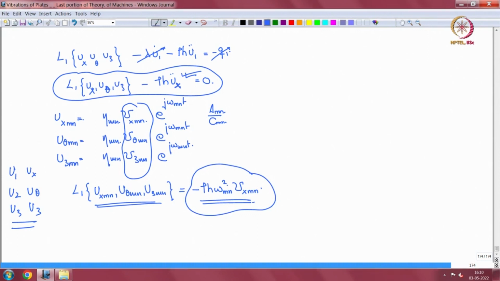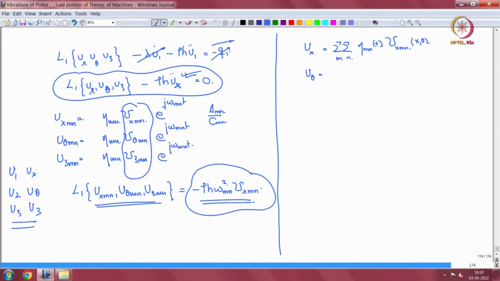Okay. So now what will happen is that as a result of this, in this original equation, if I substitute, let us say, Ux as a summation, the full Ux now as a summation over mn of eta mn of t and Ux mn of x, theta, okay, and U theta of the same form, eta mn of t U theta mn.